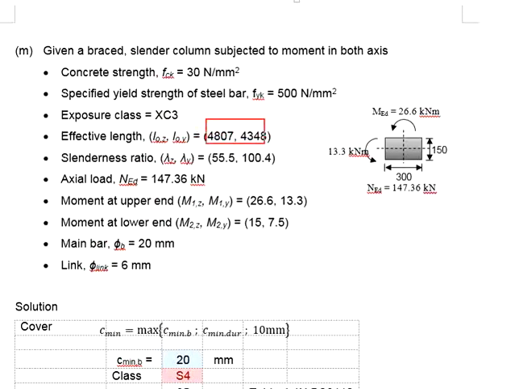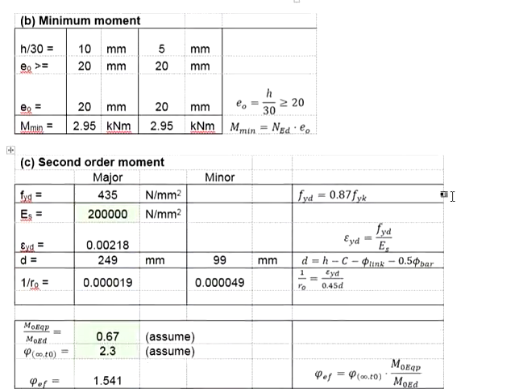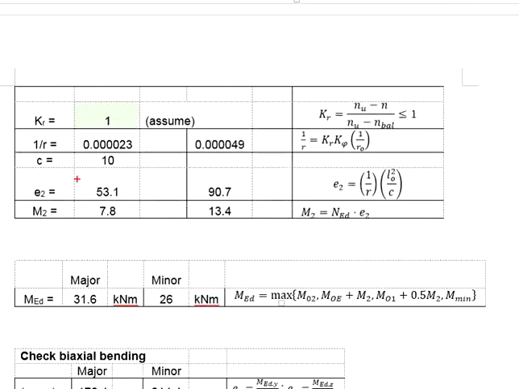The effective lengths for the major and the minor axis are given in the question. Use the right effective length to work out the e2 for the major and the minor axis. Having the e2 calculated, multiply the MEd 147.36 kN. You get M2 equals 7.8 and 13.4.